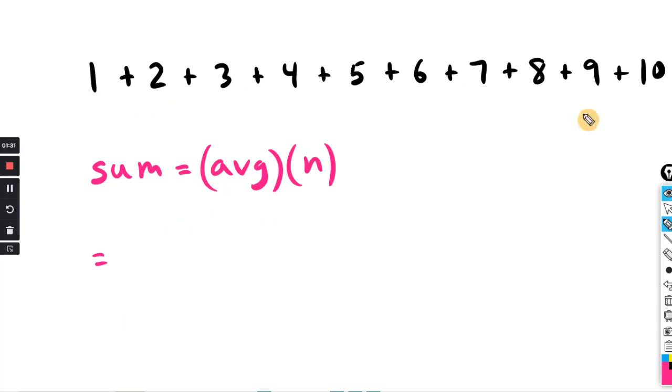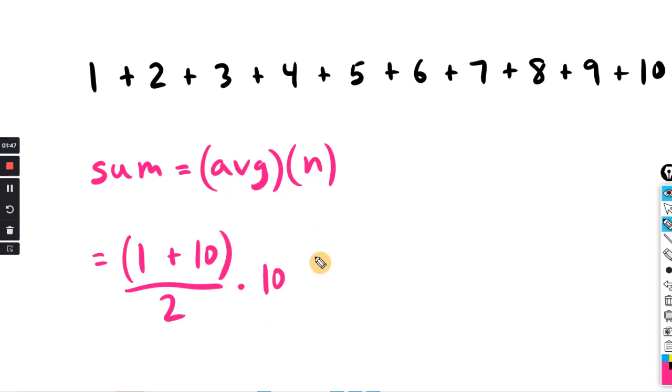So the average of this series would be the first term, which is 1, plus the last term, which is 10, divided by 2, and then times n, the number of terms. In this case, there's 10.